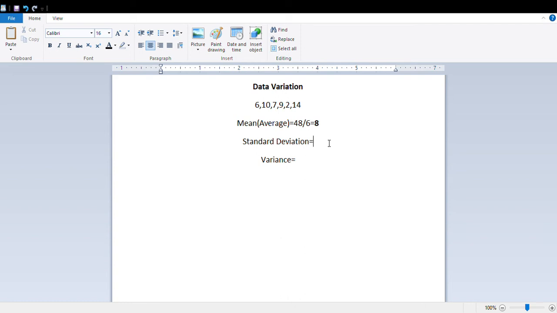So you click Stat on the calculator. Alright, and then after you click Stat, you should go to number 1, Edit, and then in L1, put your data values, right? 6, 10, 7, 9, 2, and 14.